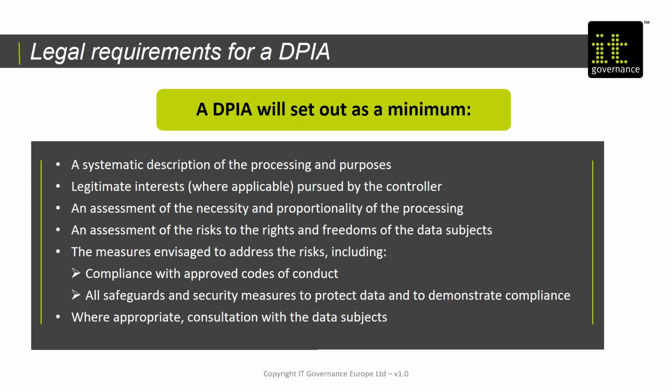In assessing the risks to the rights and freedoms of the data subjects, it is worth highlighting that it is the risks to the data subjects that need to be considered, not the risks for the controller or the processor. Where appropriate, the views of interested parties should also be considered. For example, some companies use focus groups or stakeholders to obtain their views before implementing large changes.